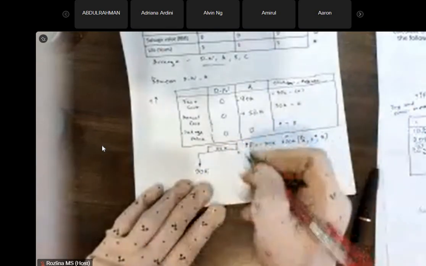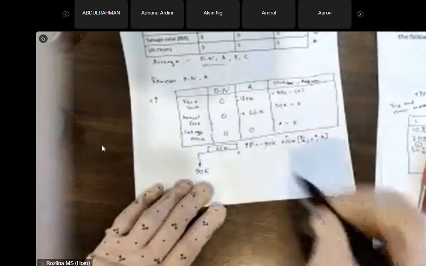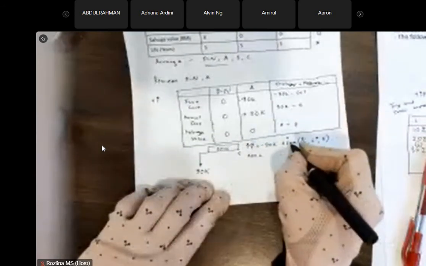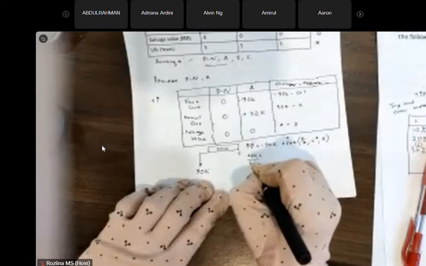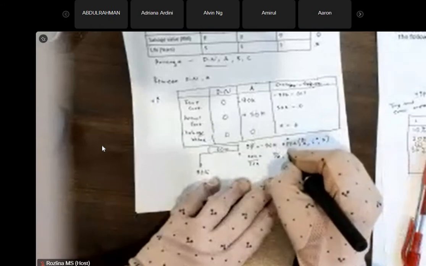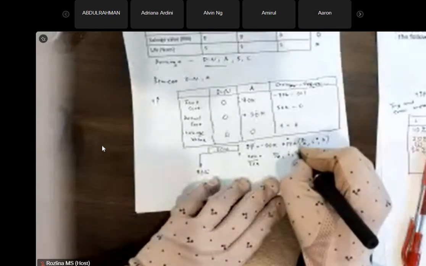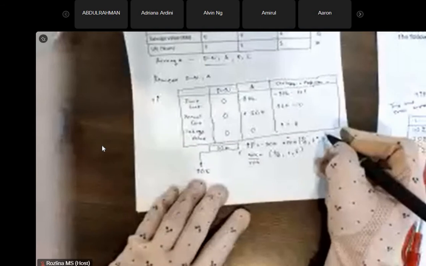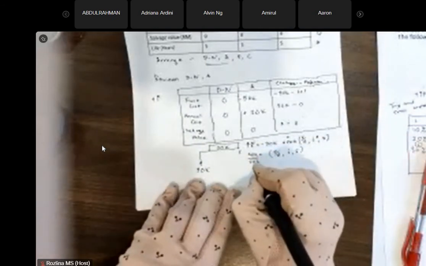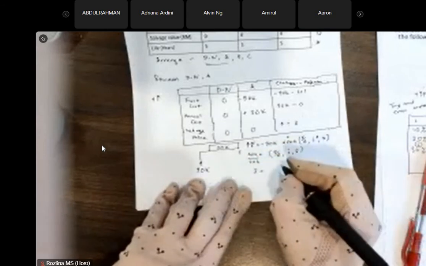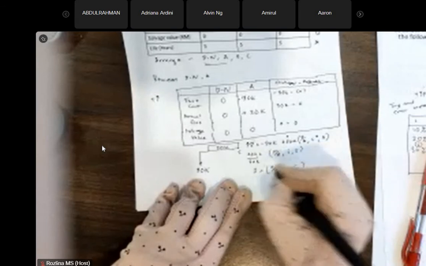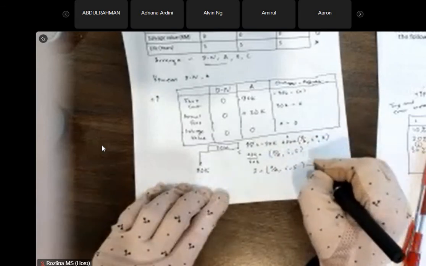You assume I is 0, so you bring this to 90 and this down to 30. So what remains is P over A. Do it step by step, but I'll just skip those steps. You get 90 divided by 30 is 3. So this is P over A, I, 5. What do you have to do after this?